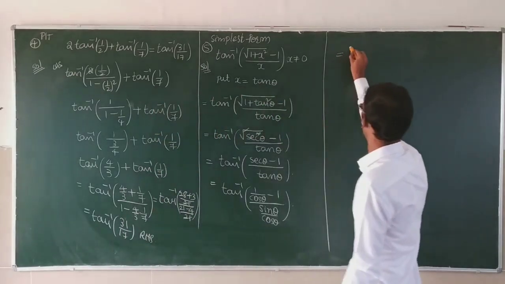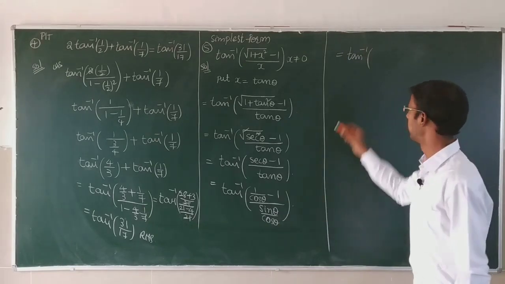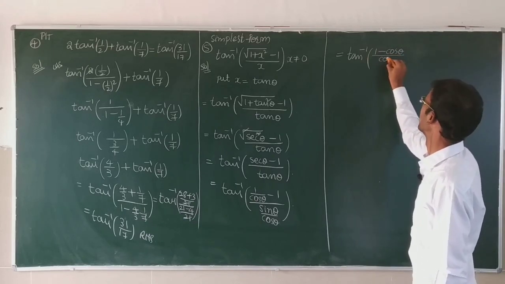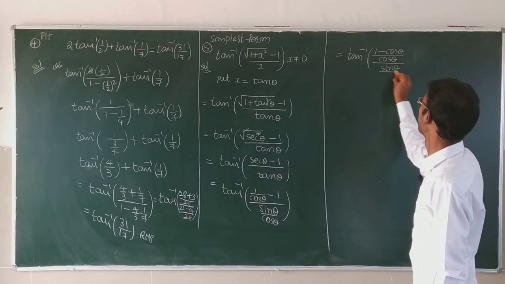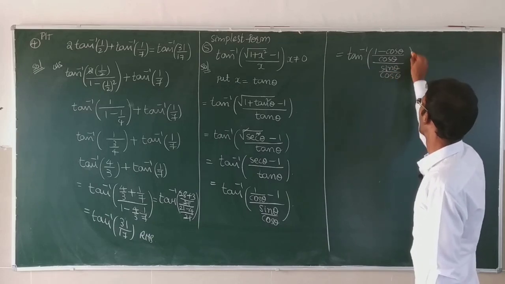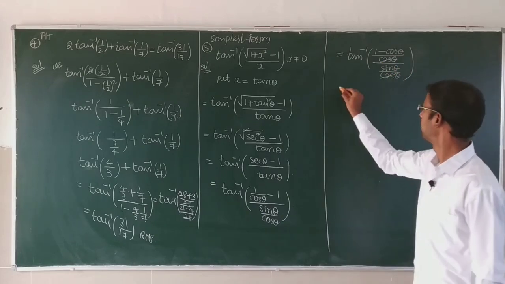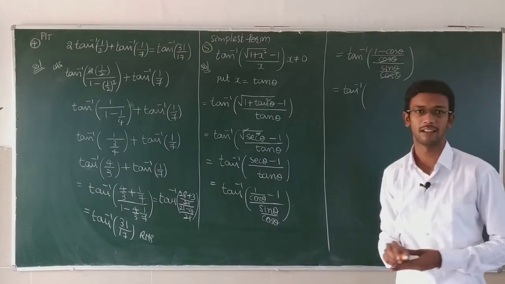This is equal to tan inverse of, take the LCM, 1 minus cos theta by cos theta whole divided by sin theta by cos theta. Cos theta gets cancelled. Tan inverse of 1 minus cos theta by sin theta.